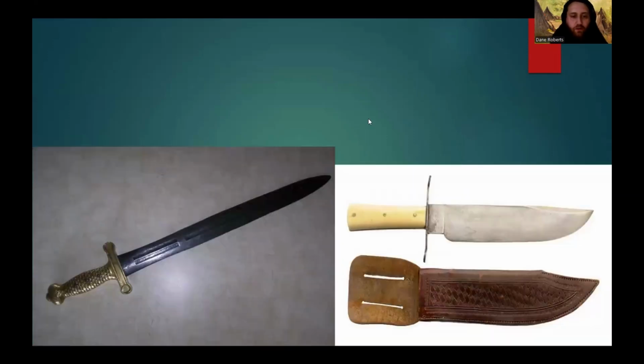And then for close quarters combat, this also varied, with the United States Army initially using, for example, infantrymen using things such as artillery swords and Bowie knives, before artillery swords were phased out, starting in the 1850s and into the Civil War.